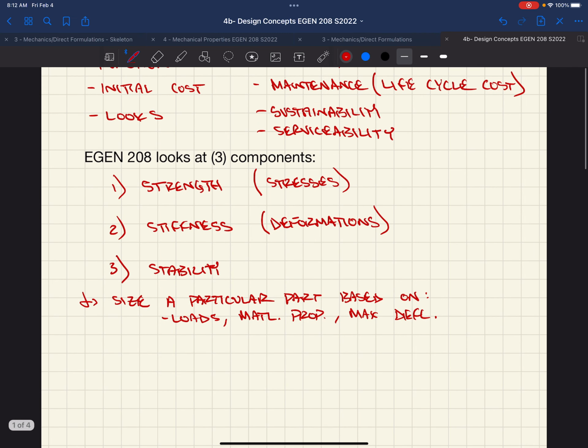So we size our particular parts in this class based on given loads, material properties, maximum displacements or deflections. These loads are determined in other classes.